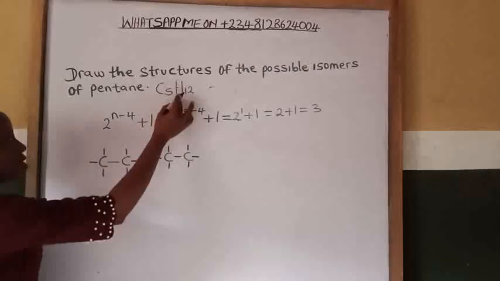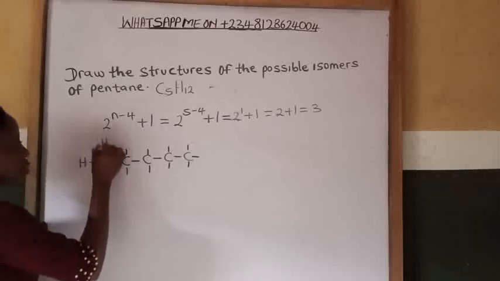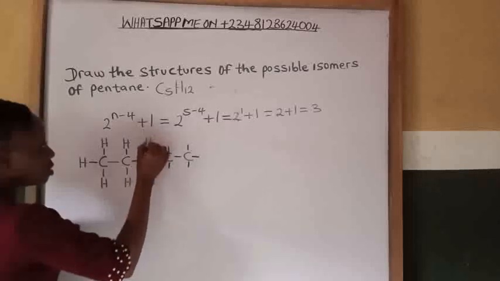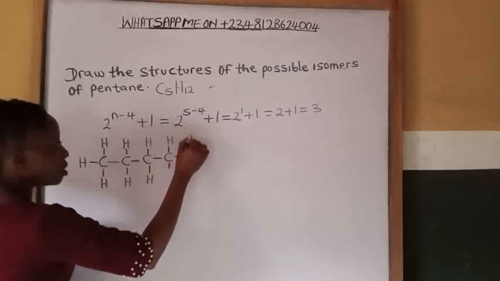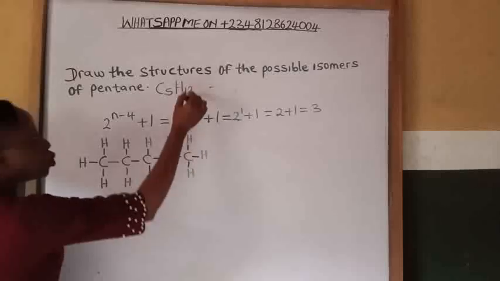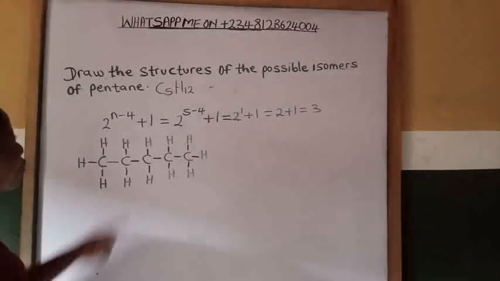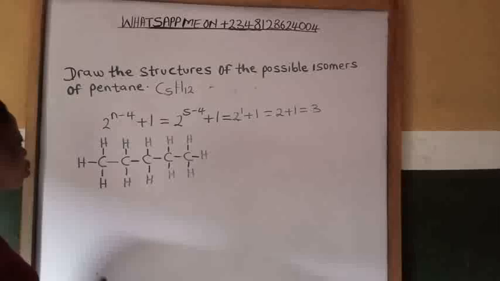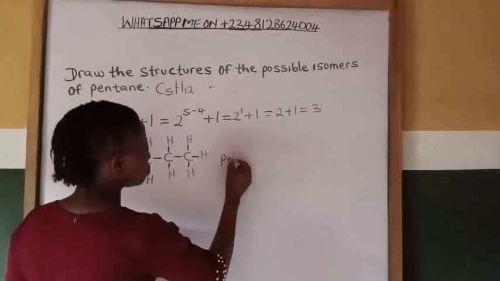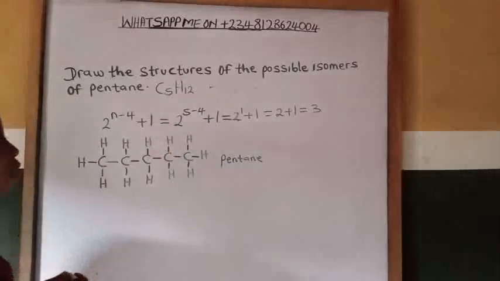Then you fill with hydrogen atoms: 1, 2, 3, 4, 5, 6, 7, 8, 9, 10, 11, 12. This is equivalent to the number of hydrogen atoms in the molecular formula. So this is the first isomer, and it is named pentane because it is the normal structure of pentane.